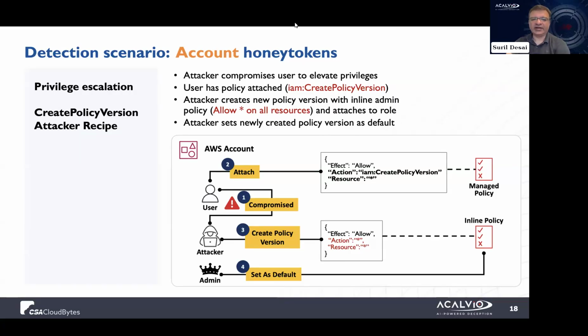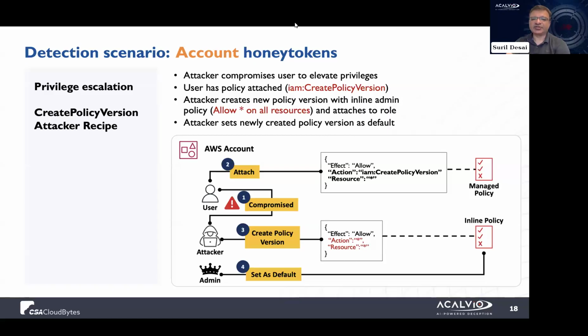In order to do that, the attacker performs enumeration looking for an account that has a specific policy attached, and that policy has an action that allows the attacker to create a policy version. This particular permission grants the attacker the ability to elevate privileges because now the attacker can create a new policy version, and in that policy version, they can set a definition to allow access to all the resources in the cloud.